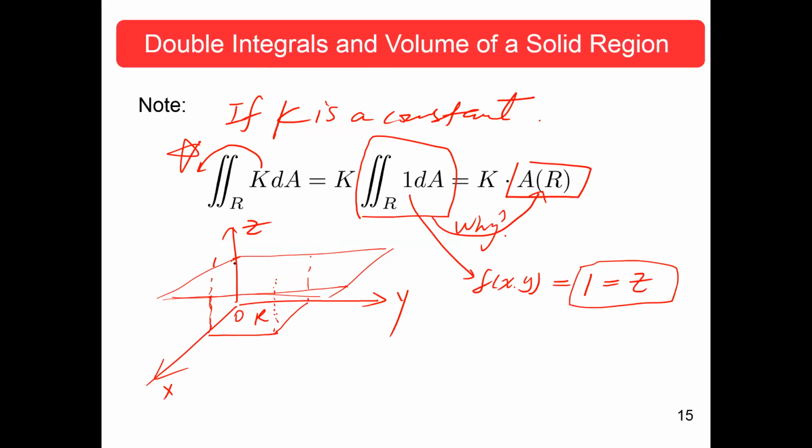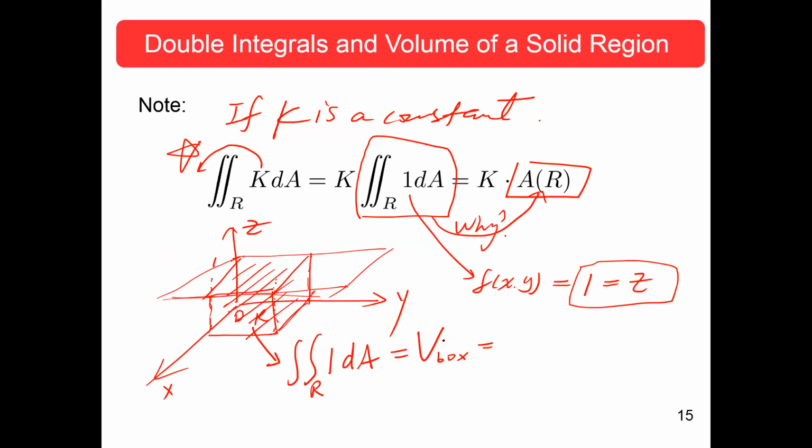Then don't we just get a box? This is going to be the corresponding solid, which is the double integral of 1 dA over R. So it's the volume of this box, right?